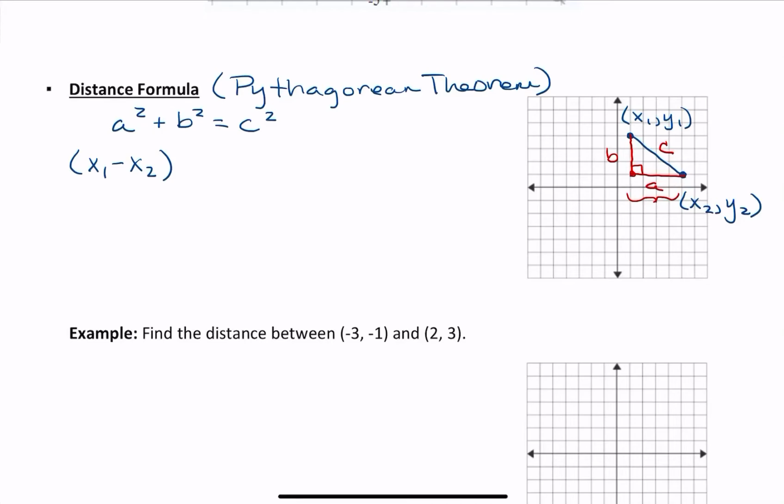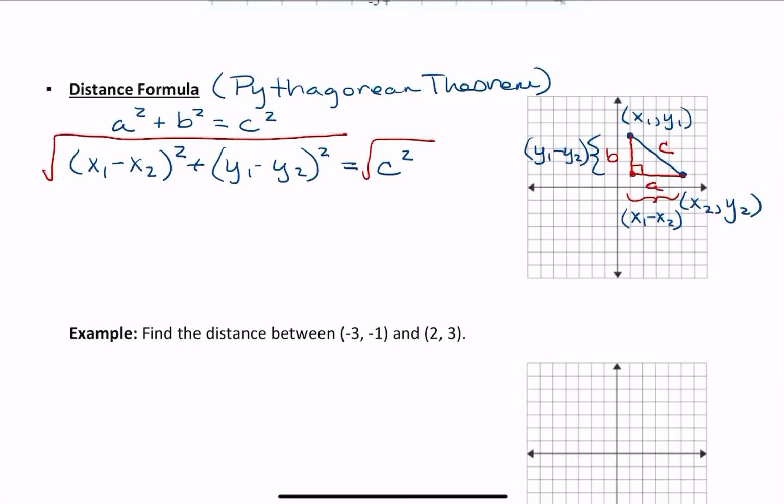That represents A. So if I'm plugging that into the Pythagorean theorem, I've got (x1 minus x2) squared plus, B is going vertically, so that's going to be our y1 minus y2. So y1 minus y2 represents B. So we've got to square that, and that equals C squared. So this is the Pythagorean theorem, but it's written in point form. So if I want to find C, I'm going to square root both sides.